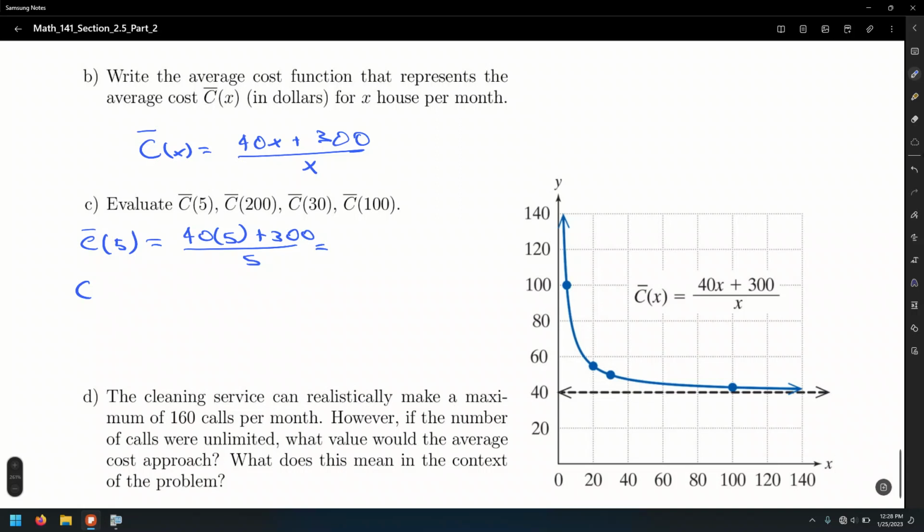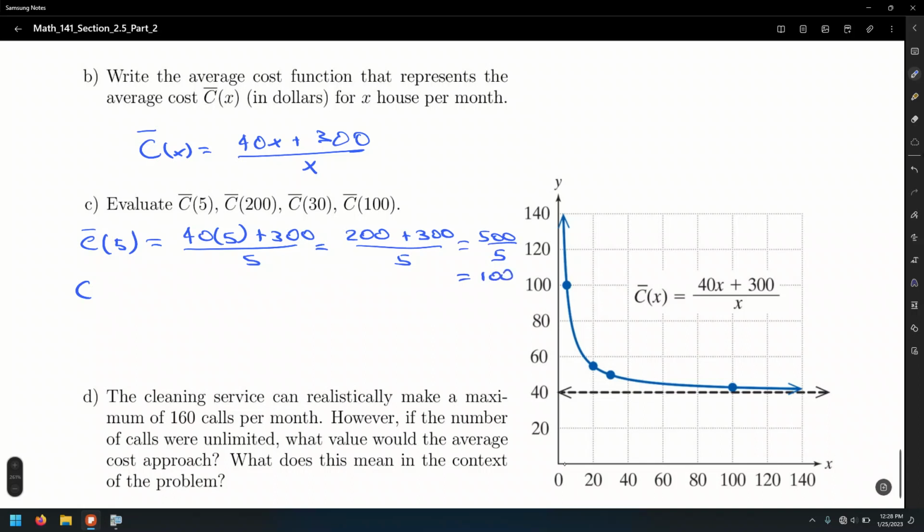That's 40 times 5, which is 200, plus 300 over 5, that's going to be 500 over 5, which is actually 100. And we can see that in the graph.